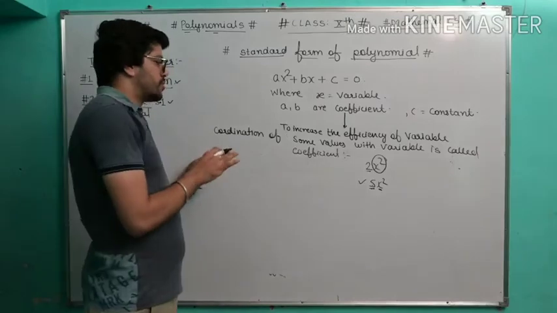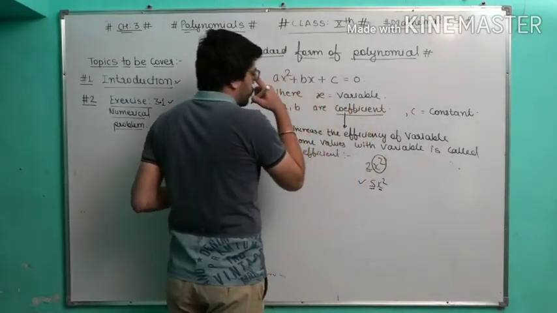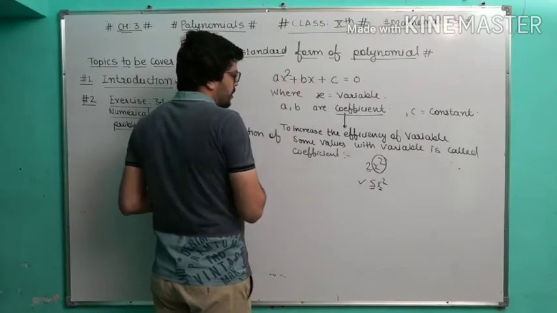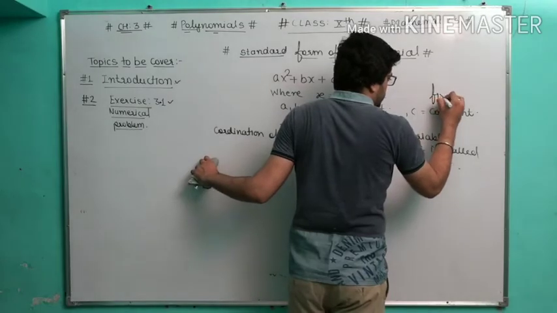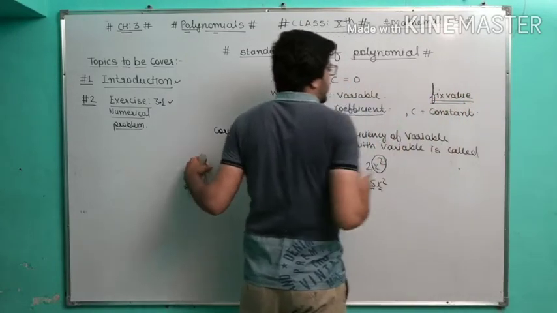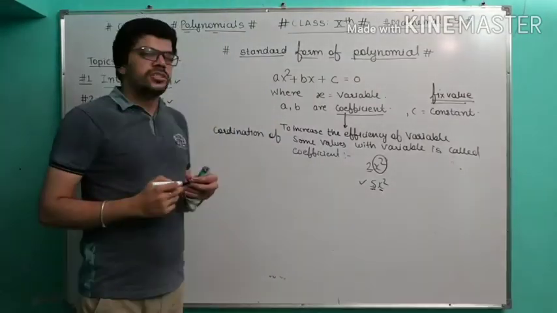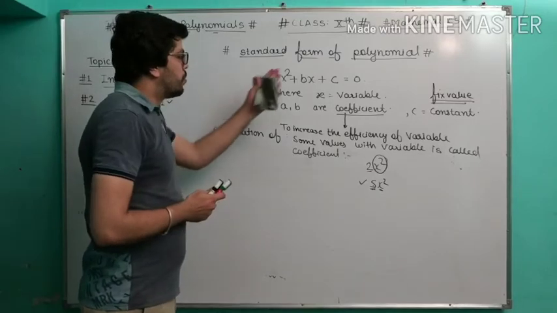So I hope you understood this basic thing, what you mean by coefficient. So here a and b are coefficients and c is the constant. Constant means a fixed value which is not going to change. So we understood the standard form of polynomial.